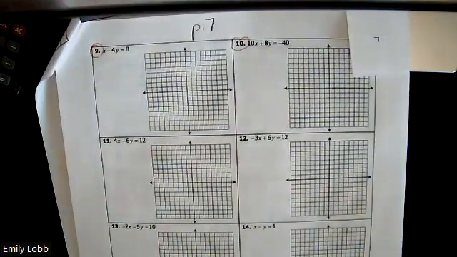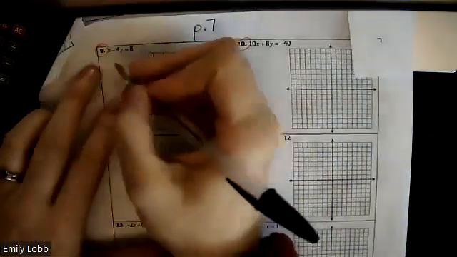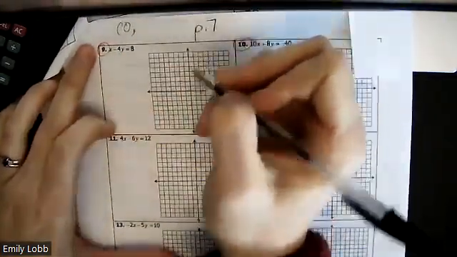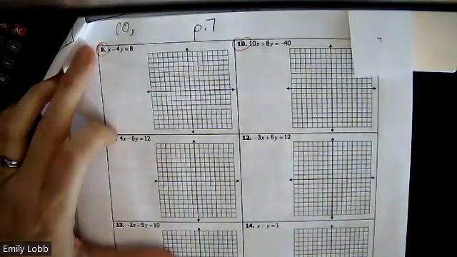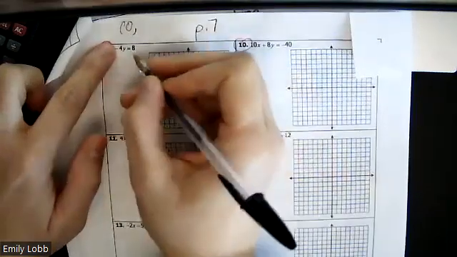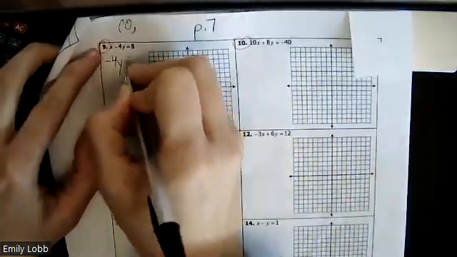So the first part is just determining what they are. So if we're putting in a 0 for x, we're finding the y-intercept. So if I put a 0 here, I simply have negative 4y equals 8.